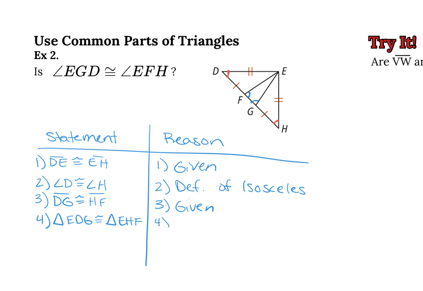I can prove those through side, angle, side, because I have a side, I have an angle, and I have a side. And then finally, I can prove angle EGD is congruent to angle EFH. And that would be through corresponding parts of congruent triangles are congruent.